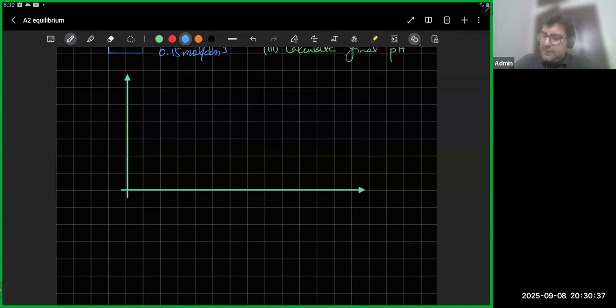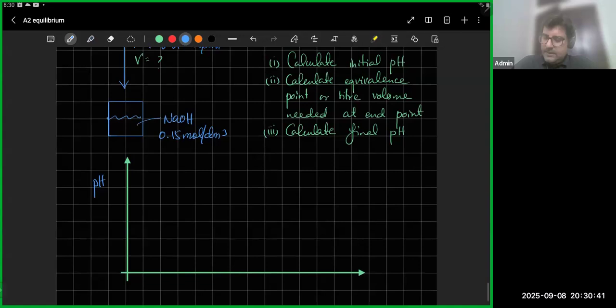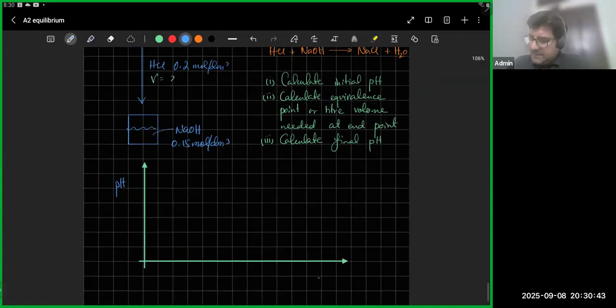This is the pH of the mixture on one axis, and on this side it's the volume of HCl that's being added. And let's say in total, the volume of NaOH I already know, that's 25 cm cube.